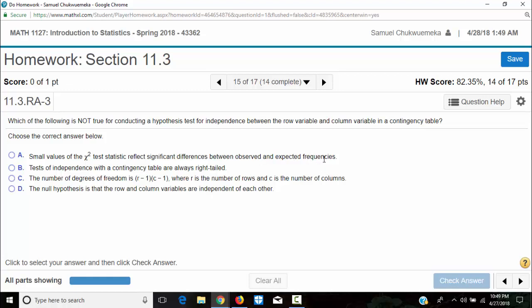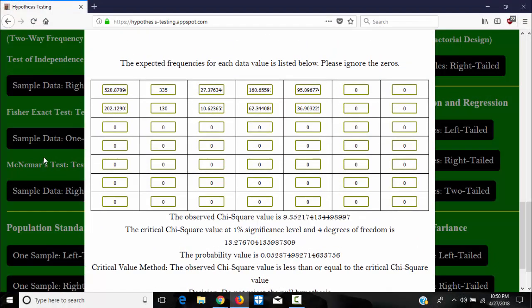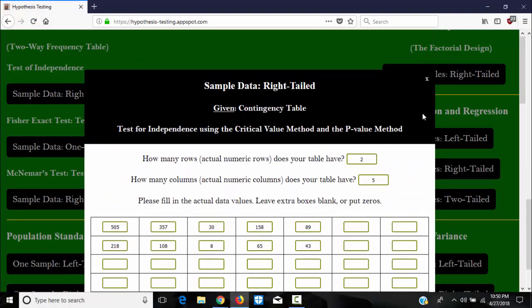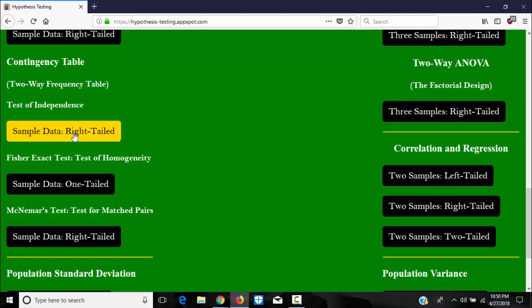I think this is not true. Okay. B, tests of independence with a contingency table are always right-tailed. That's right. Test of independence is always right-tailed.